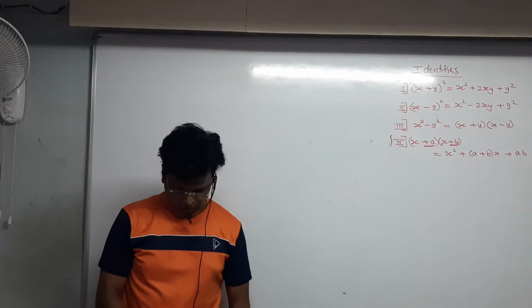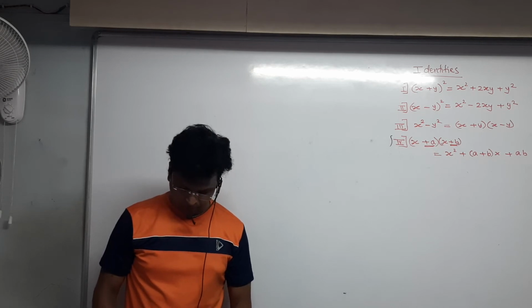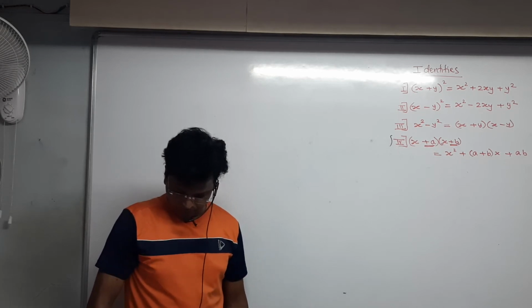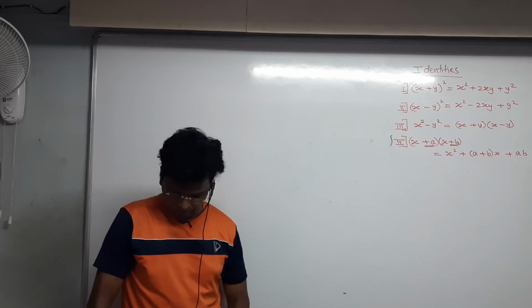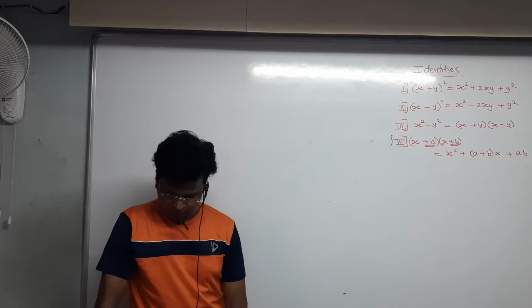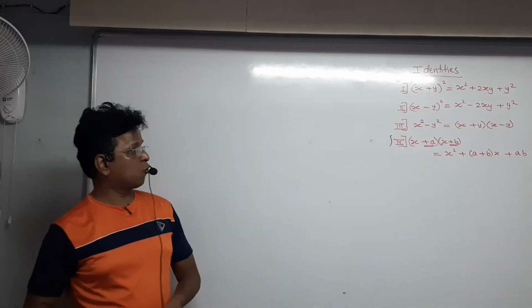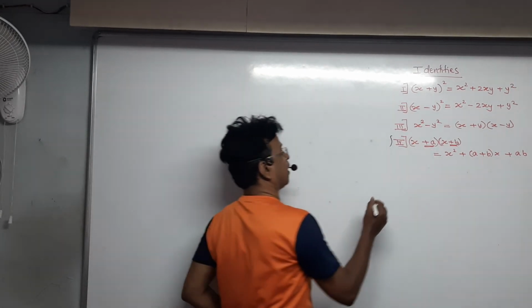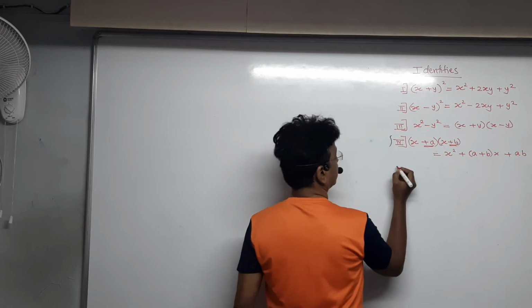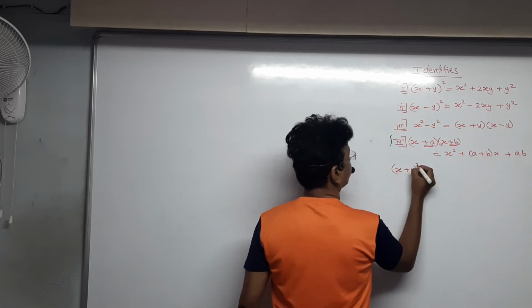I'm going to the sixth, not even the fourth. The identity of the square. Now you have to know the identity of x plus y the whole cube.